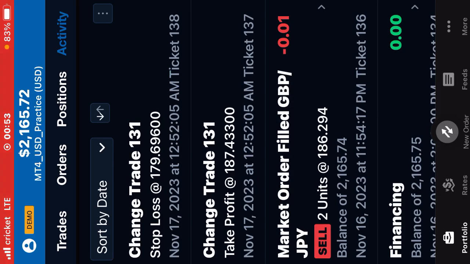So look at that. Minus 133 pips for a trade that I put on a while earlier this morning. I was on this before. Positions, minus 130 pips. Activity.